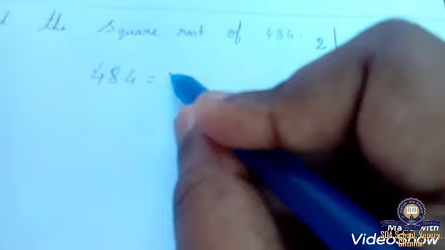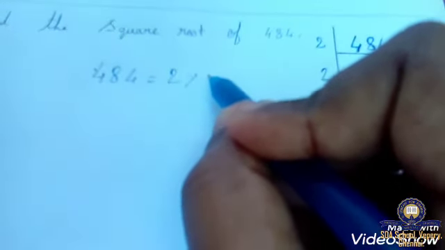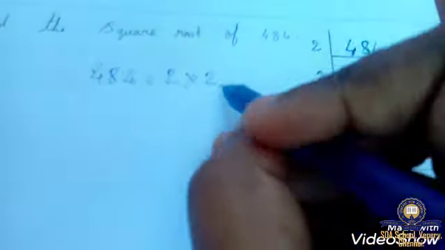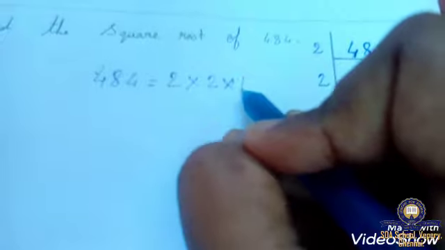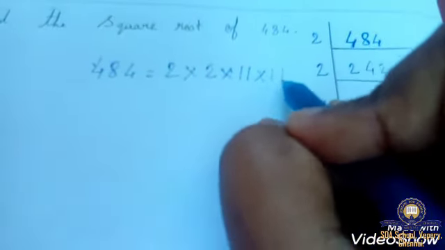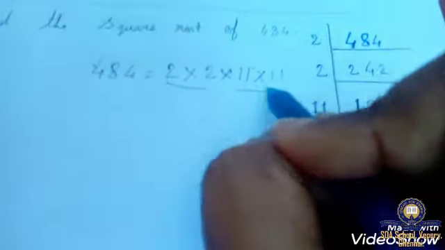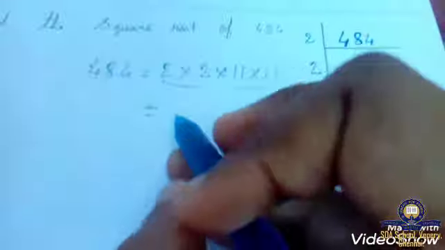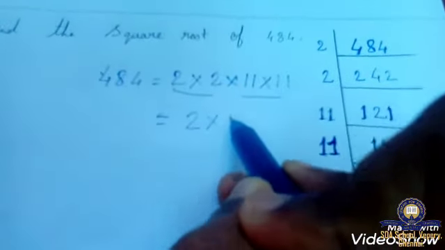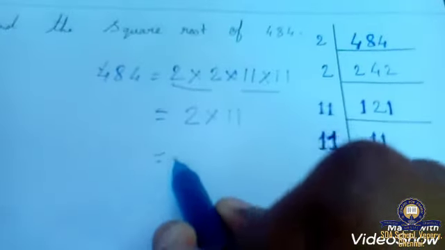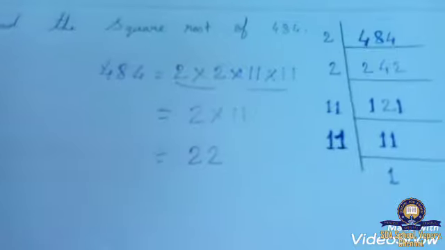Now from this we know that 484 is equal to 2 into 2 into 11 into 11. So when we pair these terms, we get 2 into 11. So the answer is 22.